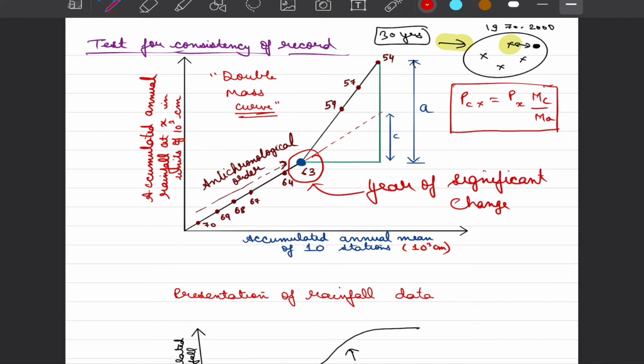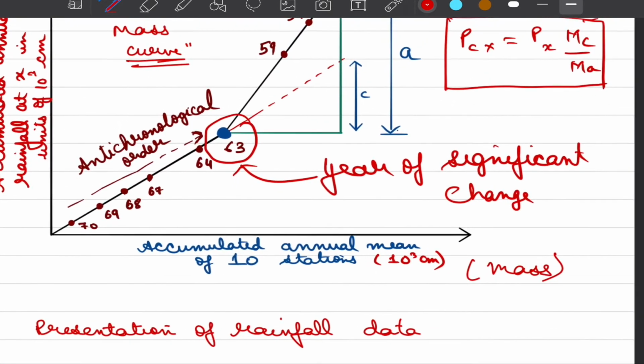So what we do in double mass curve, the reason it gets the name double mass is that on both x-axis and y-axis we have the measure of precipitation, and that's why it would be mass, because if you know depth of the precipitation, you can always calculate what is the mass per unit area. And here also we have mass. But what is the difference in x-axis and y-axis? Let us look carefully.